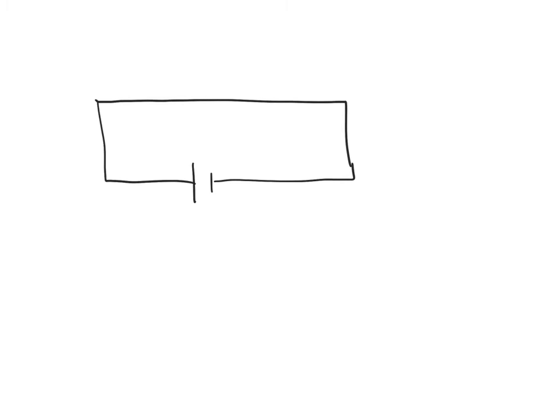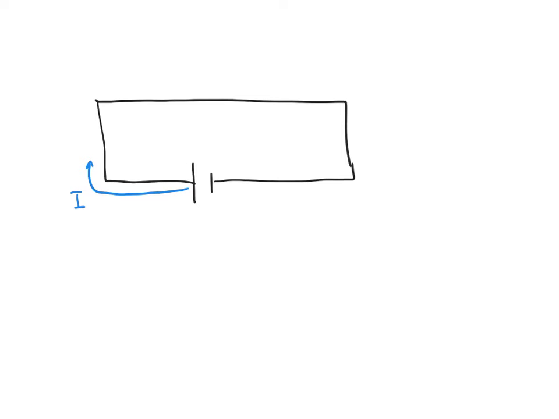Now, when current travels through a wire, it produces magnetism. So let's draw a quick profile. Let's say that the current, which it always does, leaves the positive terminal. When the current goes through the wire, we get this looping effect of magnetism.